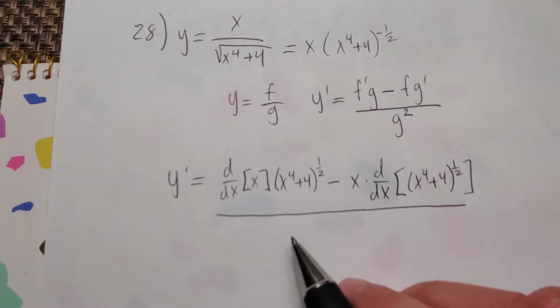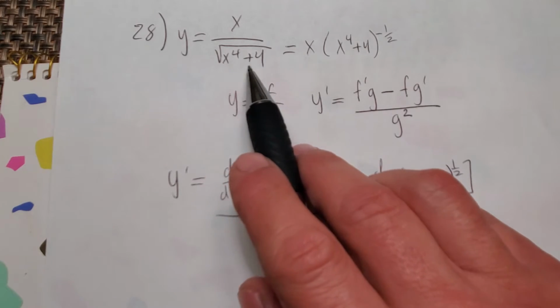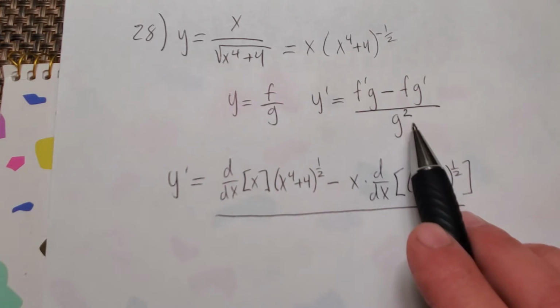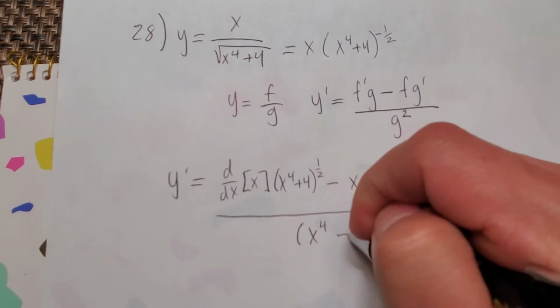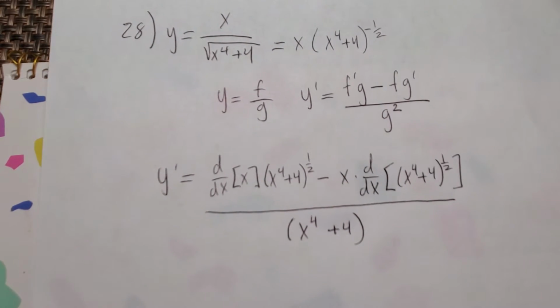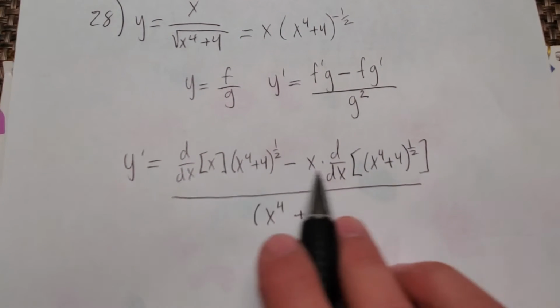Now this is what I was talking about here. So if our denominator is square root x to the fourth plus 4 and we're squaring it, then what we end up with is just x to the fourth plus 4. All right, so now let's continue to resolve the numerator.